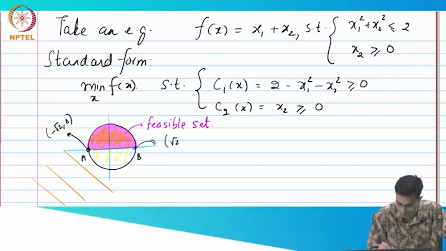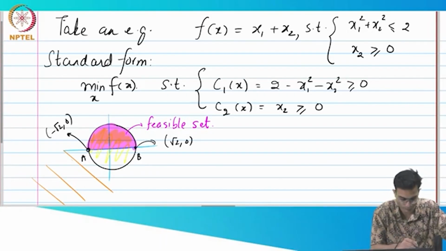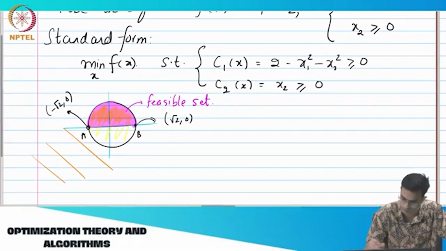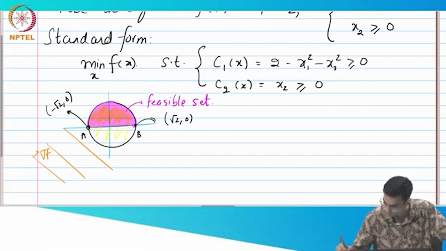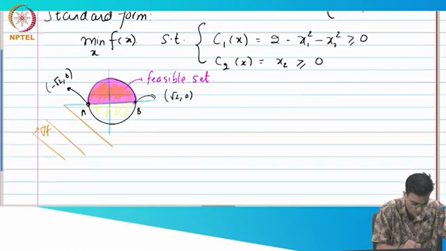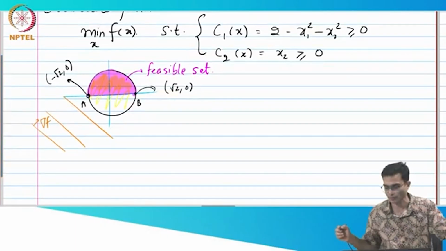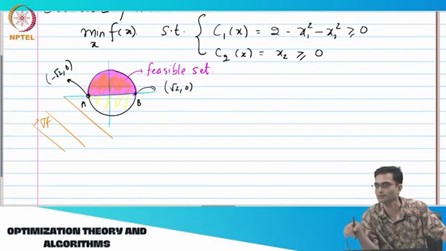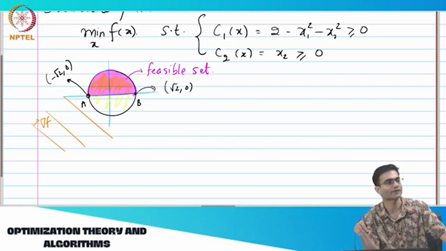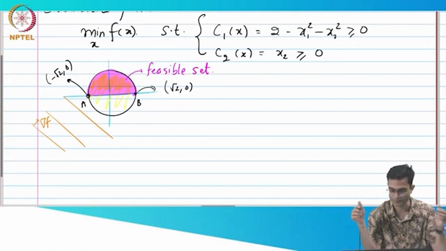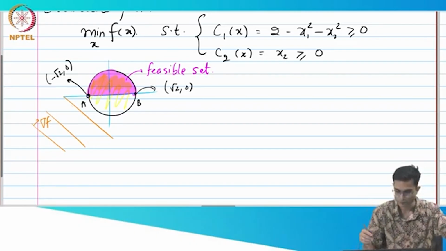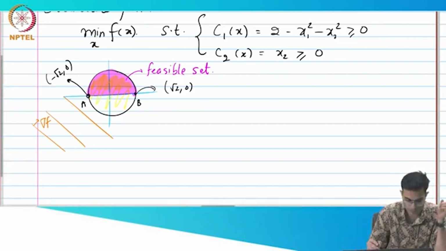This is root 2 comma 0. So what we'll do is we will look at these conditions which we have just formulated, and we'll analyze it for both point A and point B and see what is the difference between these two guys. Okay.